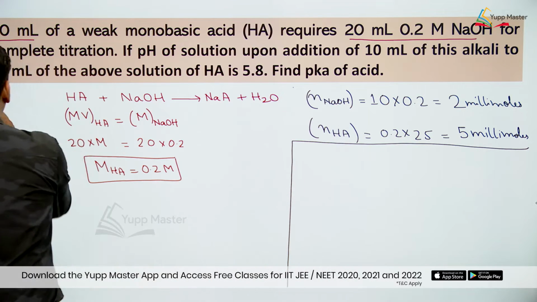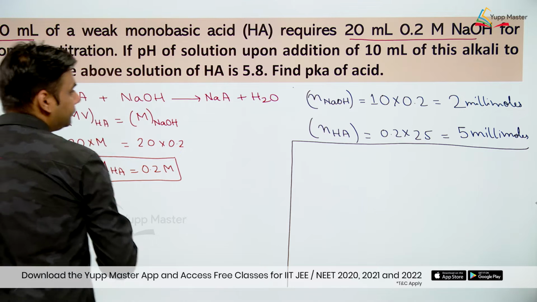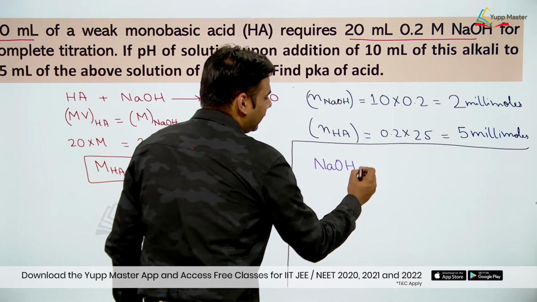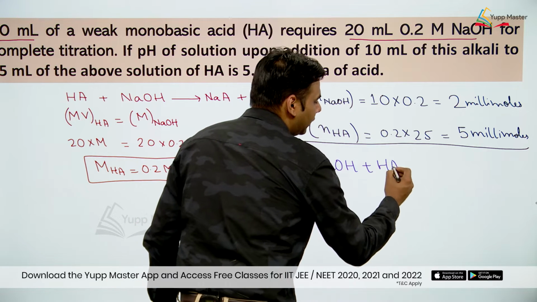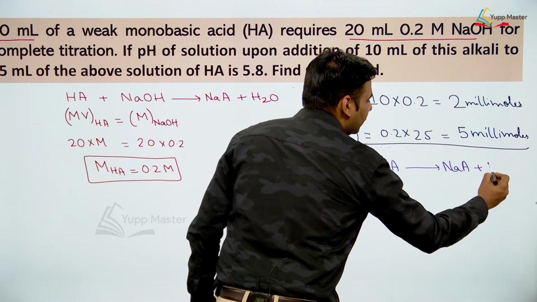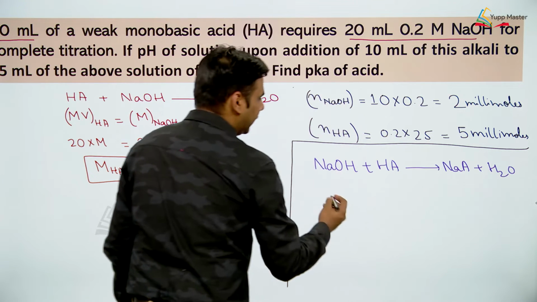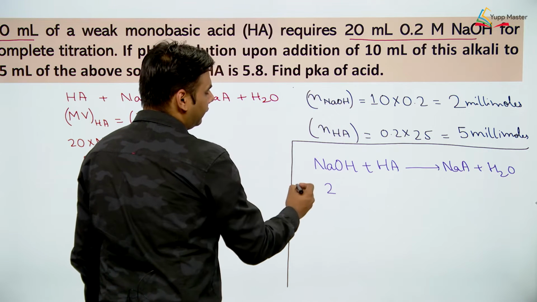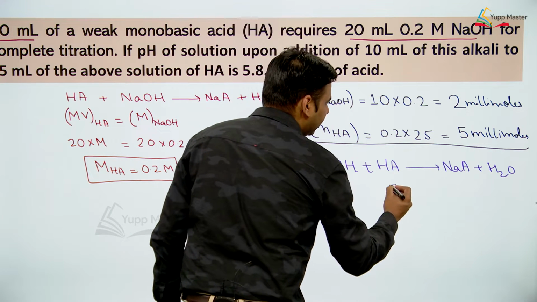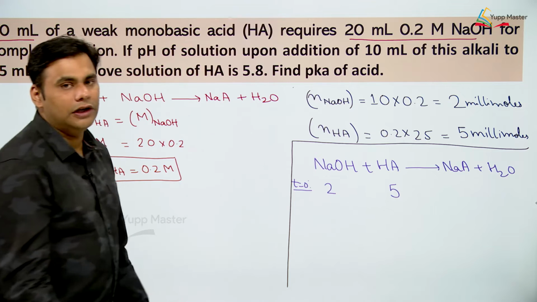So we know that, okay, I will change the ink for a better view. When you are reacting NaOH plus HA, we are going to form a salt plus water. Now initially we are taking 2 millimoles of NaOH and we are adding it to 5 millimoles of HA.